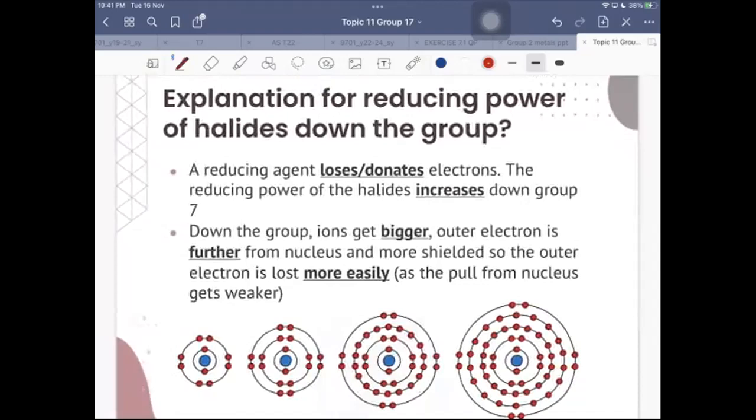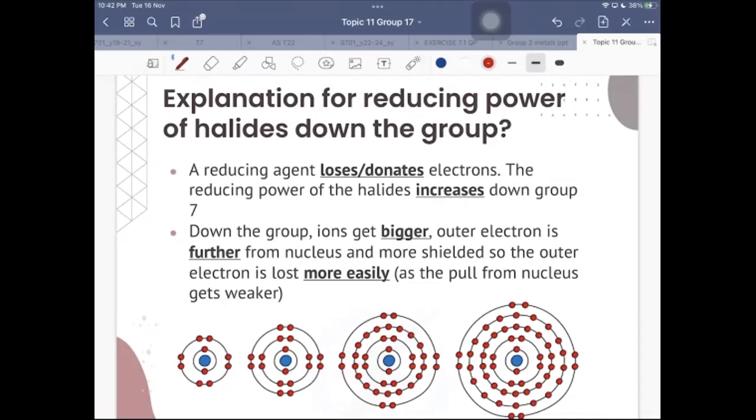So, the explanation for the reducing power of halides down the group. Every trend, every pattern needs to be supported by an explanation. Why is it that as you go down the group, the halides have stronger reducing power? As mentioned earlier, halides are reducing agents and they themselves get oxidized.